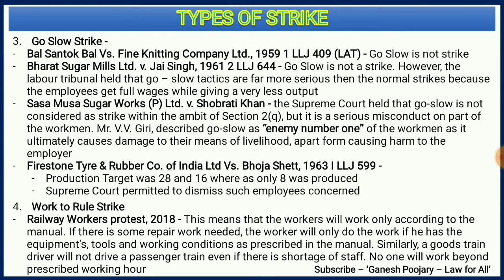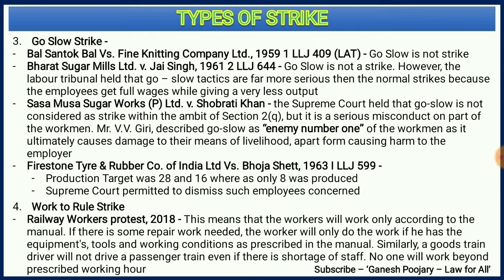However, there were observations also. For example, in Bharat Sugar Mills Limited versus Jai Singh, it was held that go slow tactics are far more serious than normal strikes, because the employee is getting full wages whereas the employer is not getting full output. So that way it is dangerous.